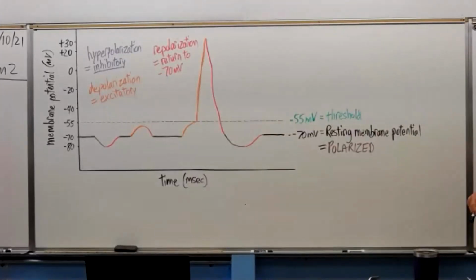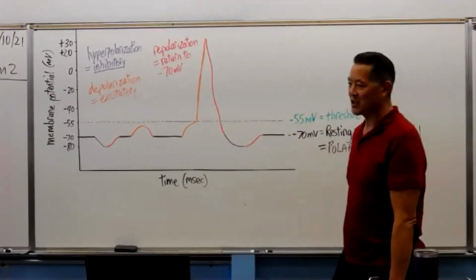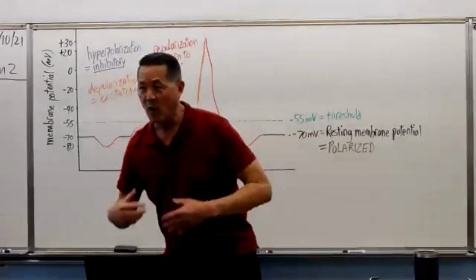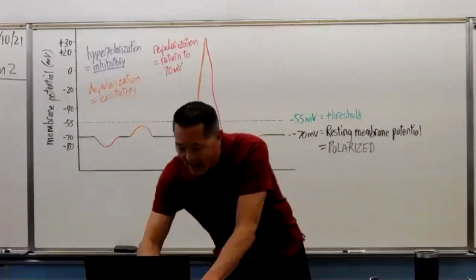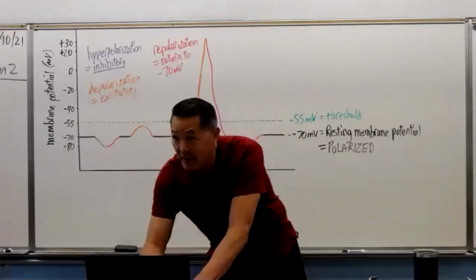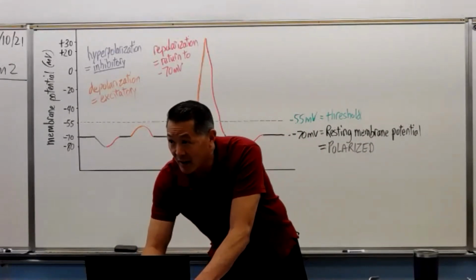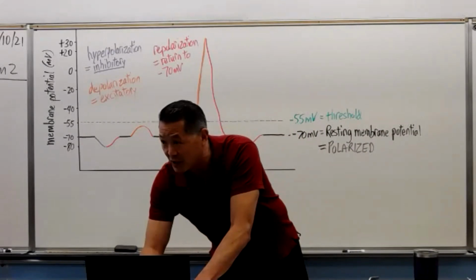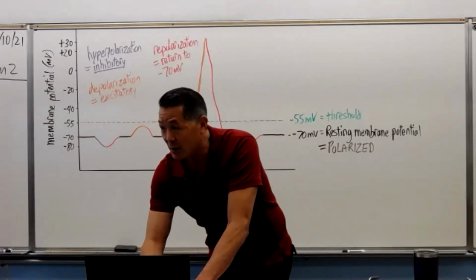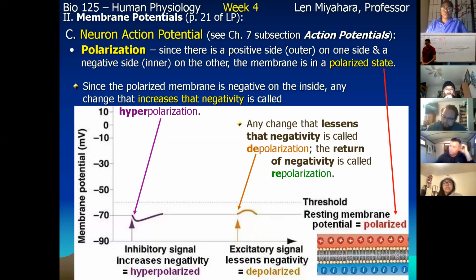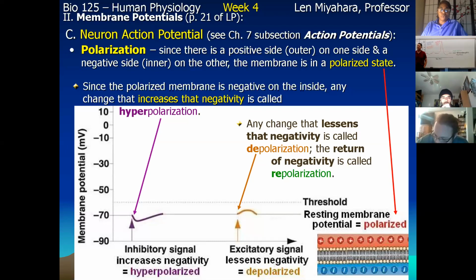You want to think through an action potential sequentially. But before I do that, this slide must be as natural as breathing. Any questions on that? These terms are all relative to threshold and resting membrane potential.